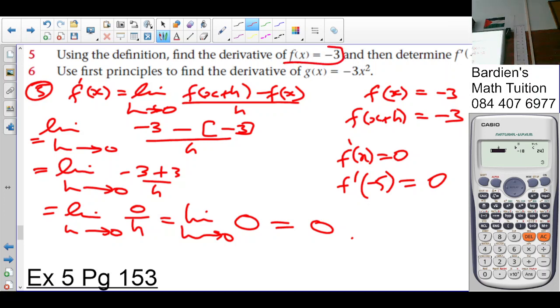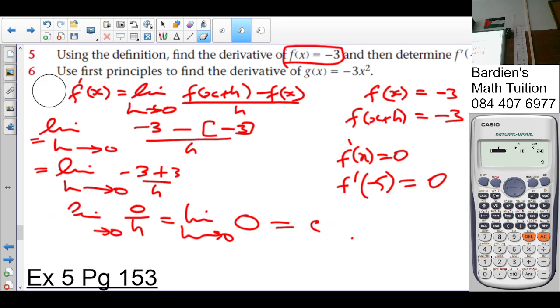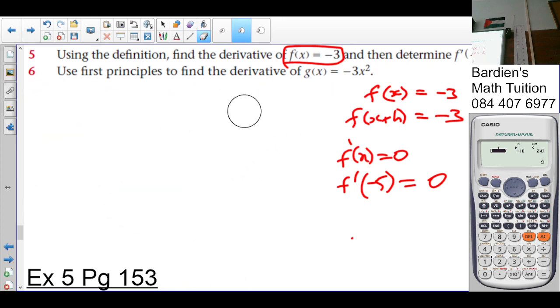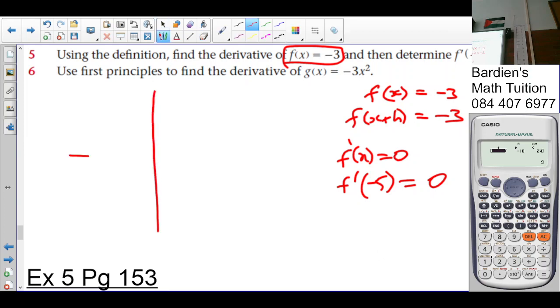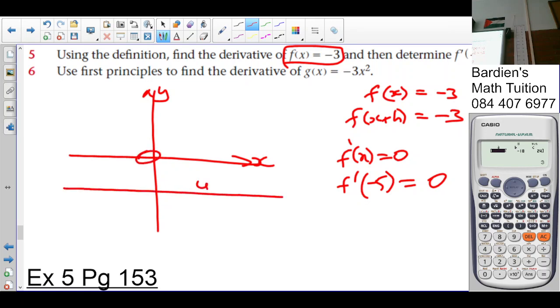What graph is this? y is equal to negative 3. What type of graph is that? The straight line is, but it's parallel to the x-axis. So you've got the y and an x here. y is equal to minus 3 is a line going through like this, not so, at the point of minus 3 on your y-axis. If the line is parallel to your x-axis, it has a gradient of 0 anyway.